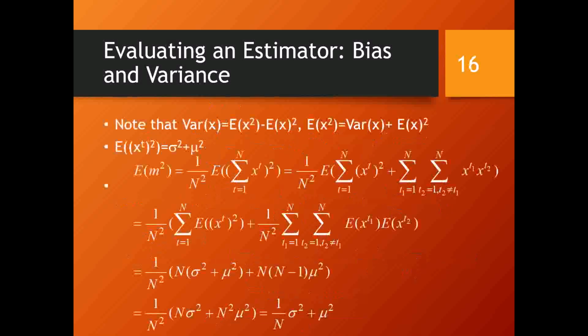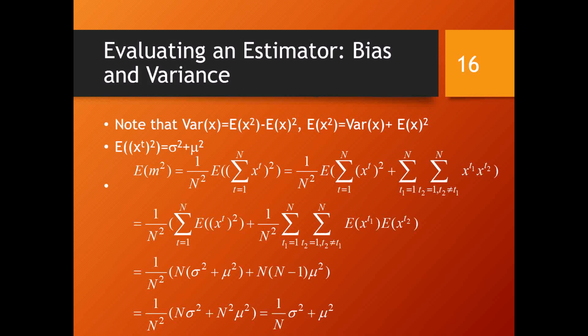And then, from probability theory, the expectation of x squared is equal to sigma squared plus mu squared, okay? Or sigma squared is equal to the expectation of x squared minus mu squared.